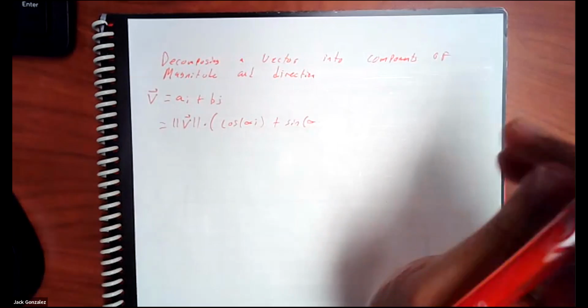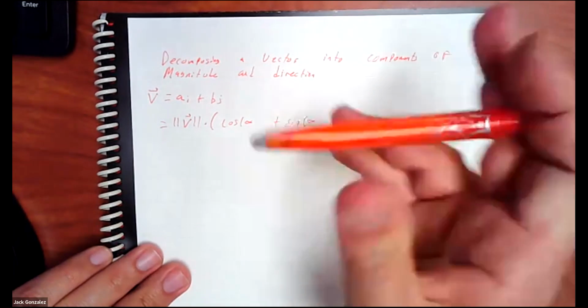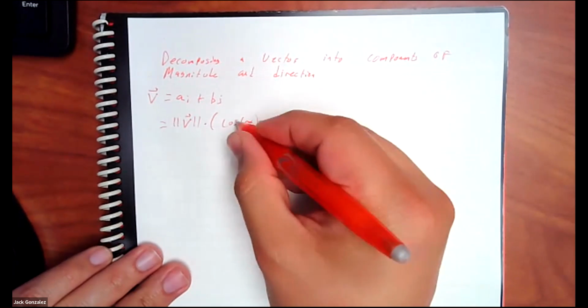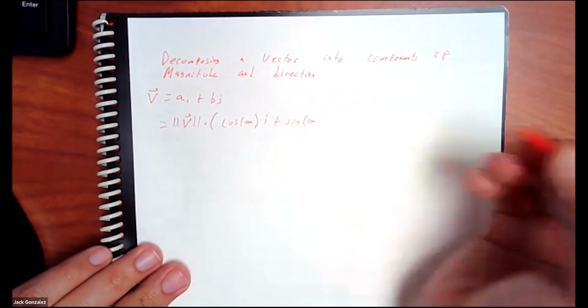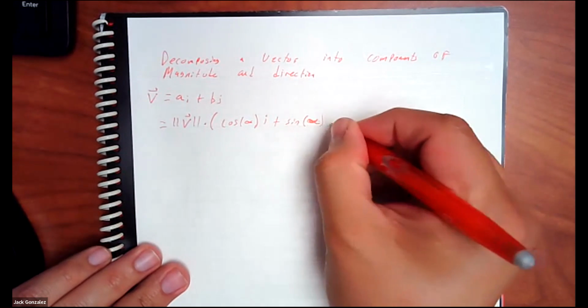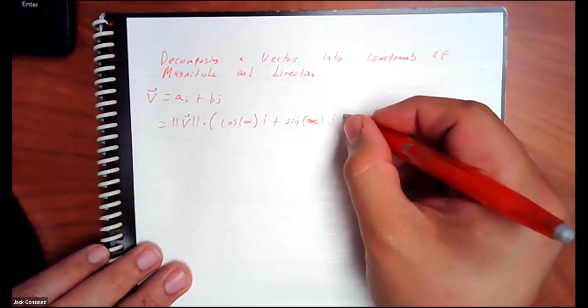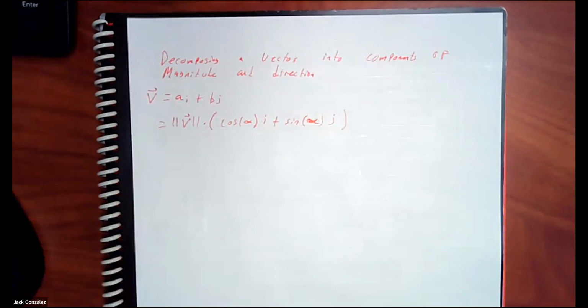How should I phrase that? No, hold on. It's cosine alpha. I is outside. Sorry. J is outside the sine.